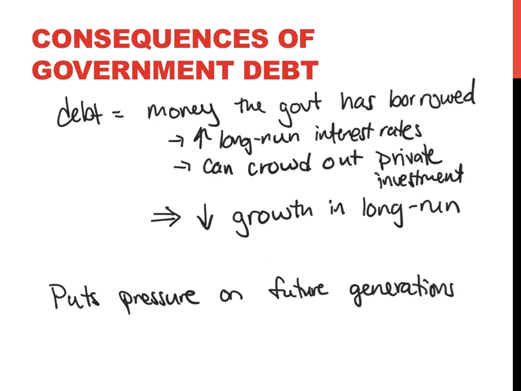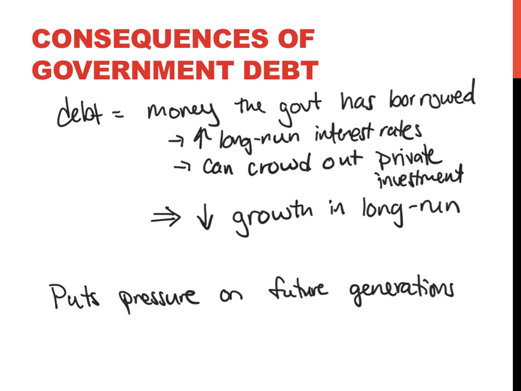The problem comes when countries have so much debt that they start to not be able to pay it back. And that means that they're either going to have to raise tax revenues in order to pay back that debt, or default on the debt. And when a country defaults on their debt, it basically says that they can't pay it back according to the terms that were set, then that decreases their credibility in the long run.